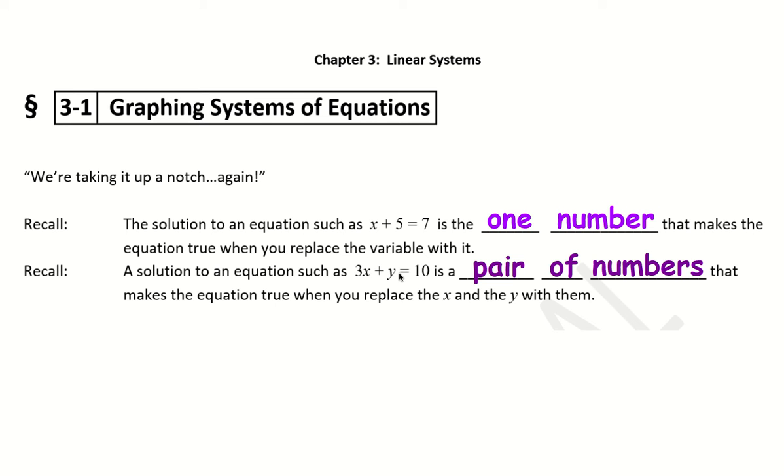And looking at this, I could come up in my head with an example of a solution. Let's say 1, 7. If x equals 1 and y were to equal 7, you'd have 3 times 1 plus 7, which actually does equal 10. So 1, 7 would be a solution, but in this case, it ain't the only one.